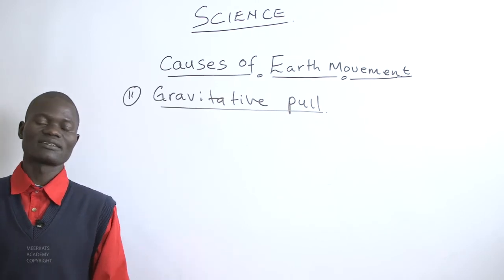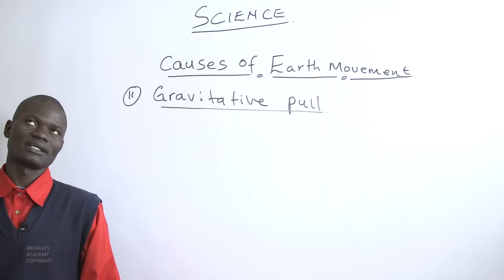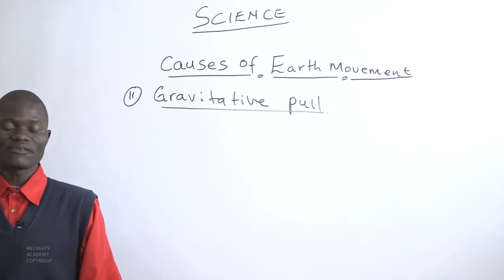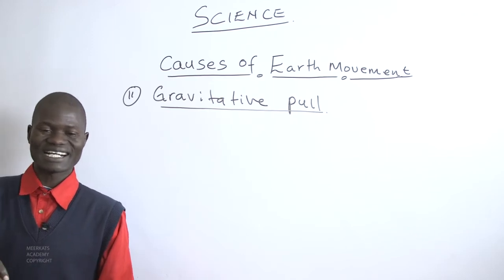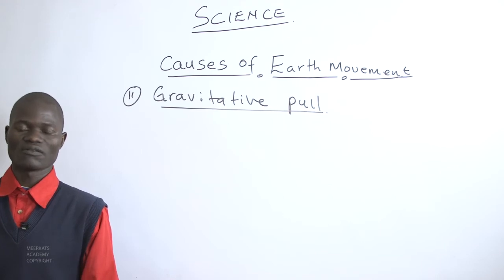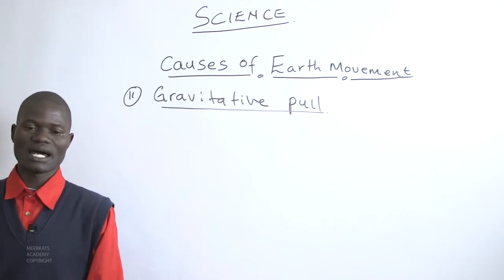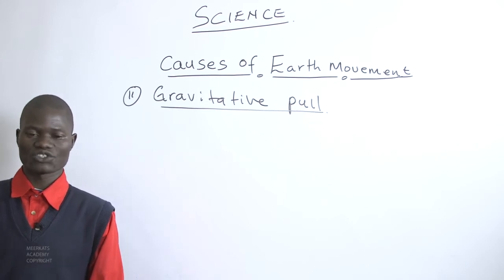Yesterday, in the previous lesson, we looked at gravity. Gravity, we said, is a force of attraction that acts in the gravitational field, where objects are subjected to the gravitational pull.